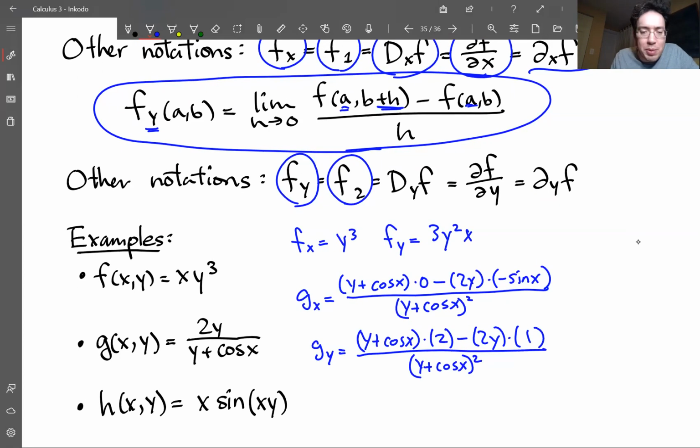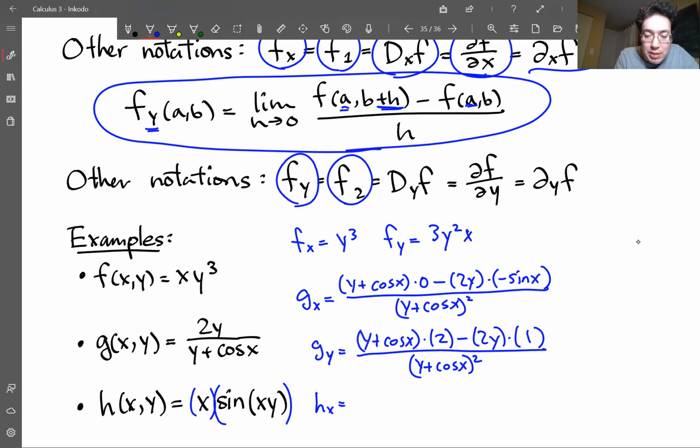Okay, I hope that made sense. Let's do this again for the next one. If I'm taking derivative with respect to x, I should use product rule here. So I'm thinking about the function x and the function sine of xy.